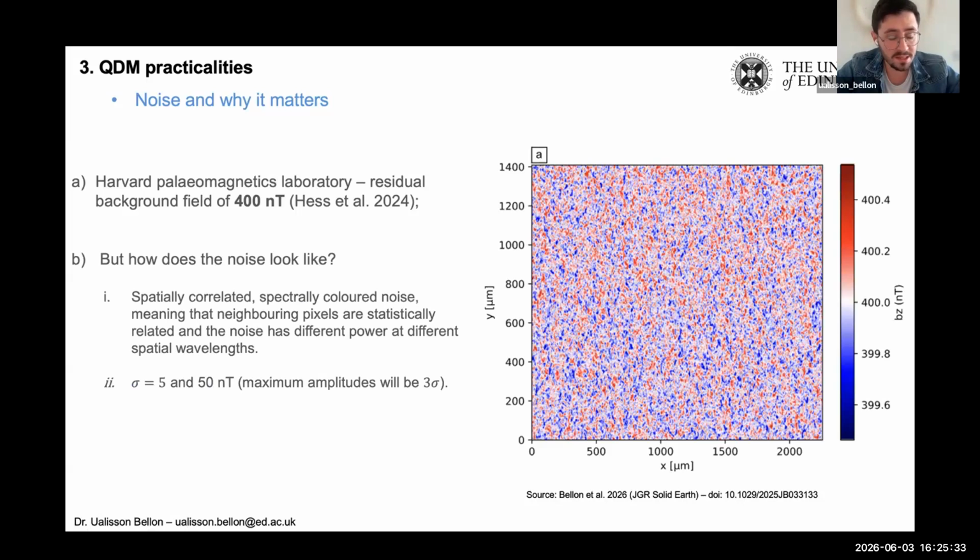And this noise is spatially correlated and spectrally colored, which means that basically the neighboring pixels are statistically related and the noise has a different power at different spatial wavelengths. So to try to simulate this, we impose two standard deviation values for the noise, one at 5 and the other one at 50 nanotesla. And then you can see how it looks here. So it's centered at 400 in this case.